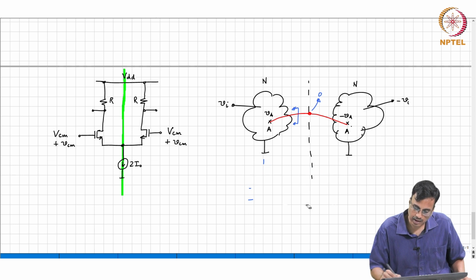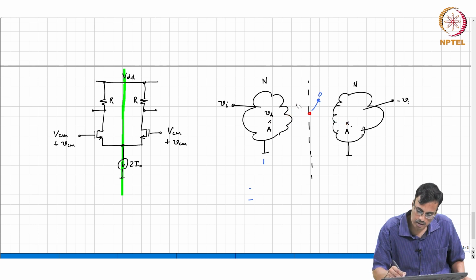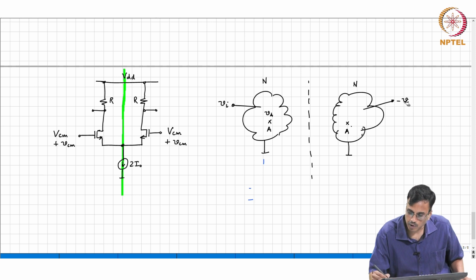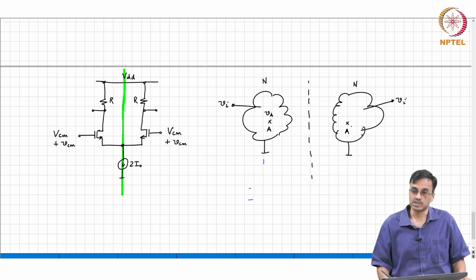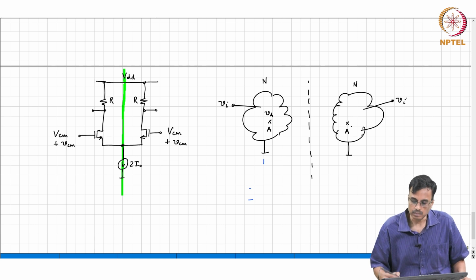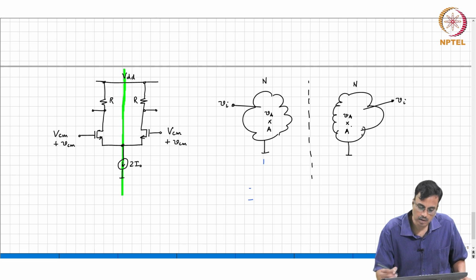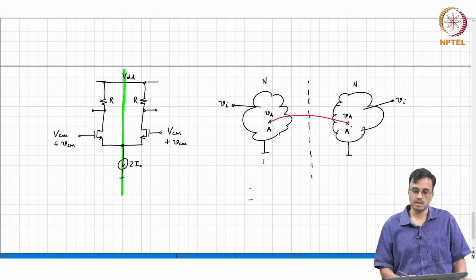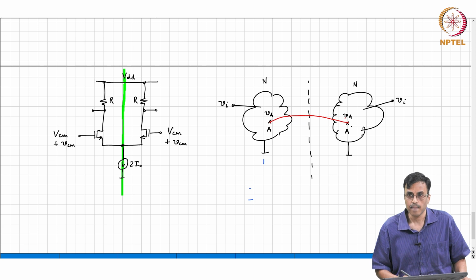So what are we doing? We are taking two identical networks, and now we are applying the same potential Vi to both sides. Let us say there was a connection like this.